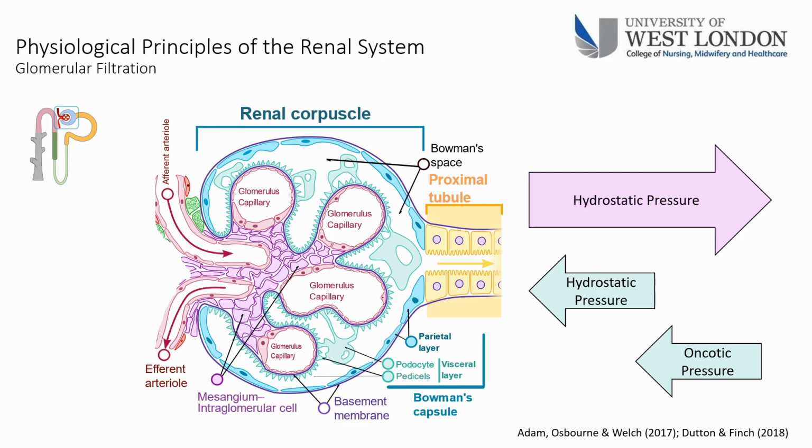For example, the hydrostatic pressure flowing back into the blood vessels, and the oncotic pressure, because as smaller molecules are being filtered out of the blood vessels, the blood vessels end up having a much higher concentration of larger molecules and a much lower concentration of water, causing some water to move back.